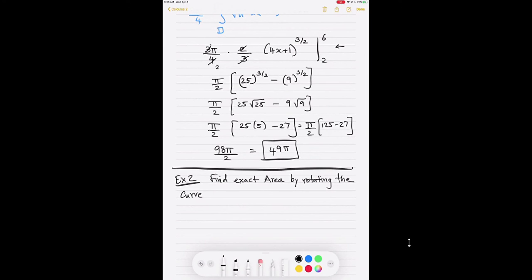I lost my own problem. It was a big problem which I wanted to do. Yeah, so let's go with this one. So x equals 4 plus 2y squared, 1 is less than or equal to y, less than or equal to 2, about the x-axis. Yeah, about the x-axis.